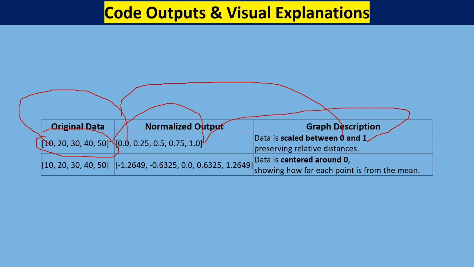This scaling keeps the relative spacing between data points intact. The graph of this would be a straight linear transformation of the input compressed into a 0-1 range. This method is especially useful when working with models that are sensitive to input magnitude, like neural networks.